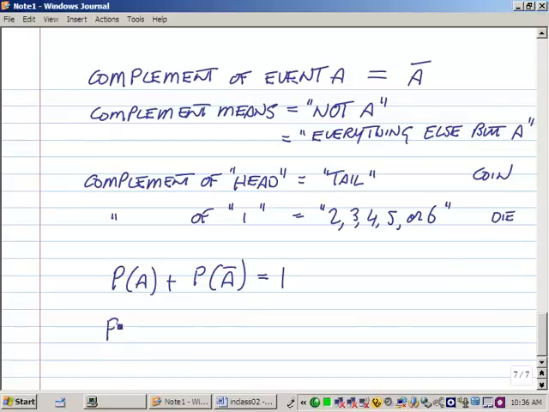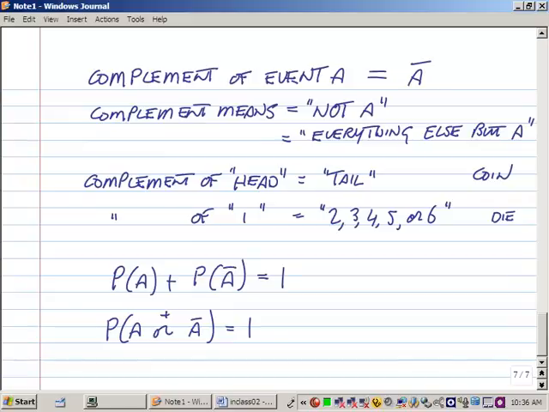Okay, or another way of thinking about that, of course, is the probability of A, sorry, not and, but or, A bar, is equal to 1, which leads us to a plus. We could do that from the addition rule since there is no overlap, since A and A bar are mutually exclusive.